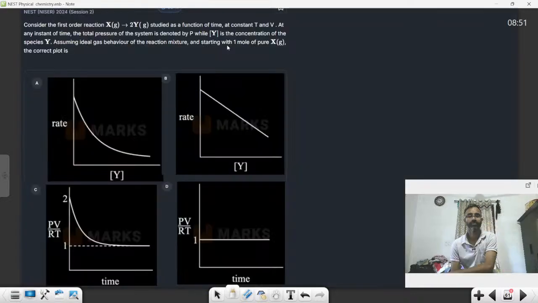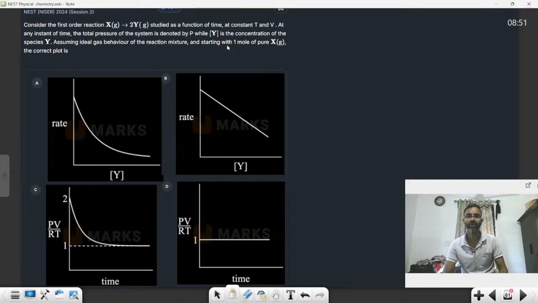Next question. Consider the first order reaction X gas to give 2Y gas studied as a function of time at constant temperature and volume. Now at any instant of time, total pressure of the system is denoted by capital P, while Y is the concentration of species Y. And what is Y?